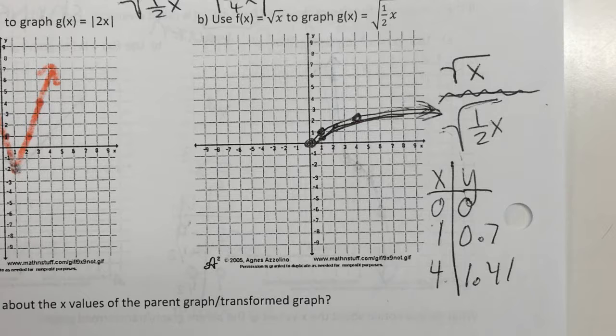Enter. Click graph. That's a transformed one. Now, go back to y equals. Go down. And do absolute value of x.